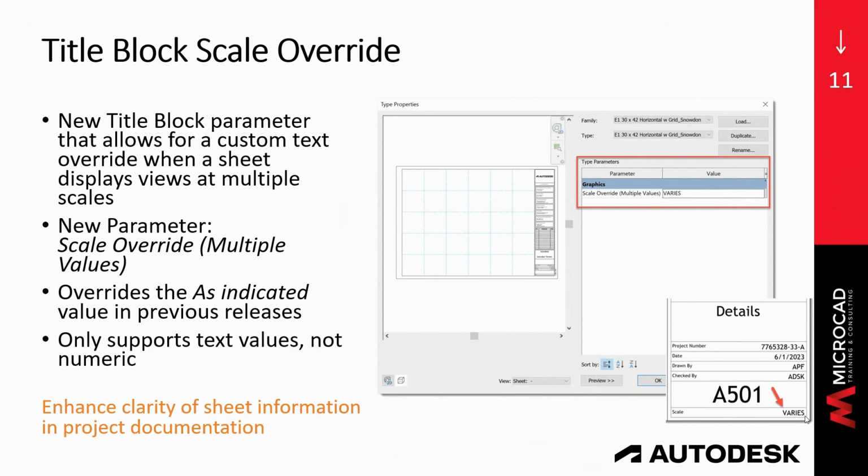Now the title block parameter allows for a custom override, so that it can read whatever you want it to read. So I think that was also very cool. I had one of my bosses wanting to change that varies, and now that is possible.